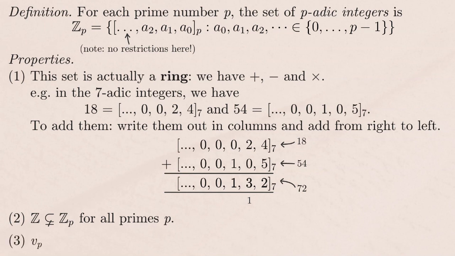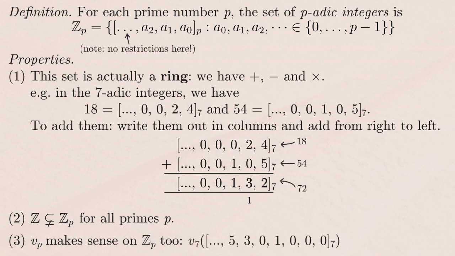Thirdly, our p-adic valuation function, v_p, that counts the number of factors of p in the number, makes sense not just for integers, but for p-adic integers as well. For example, let me write out a 7-adic integer at random. Remember that the rightmost is the 1's digit, then the 7's digit, the 7 squared's digit, the 7 cubed's digit, and so on.